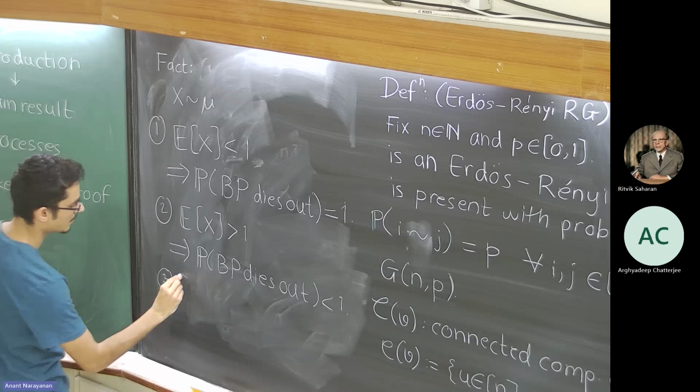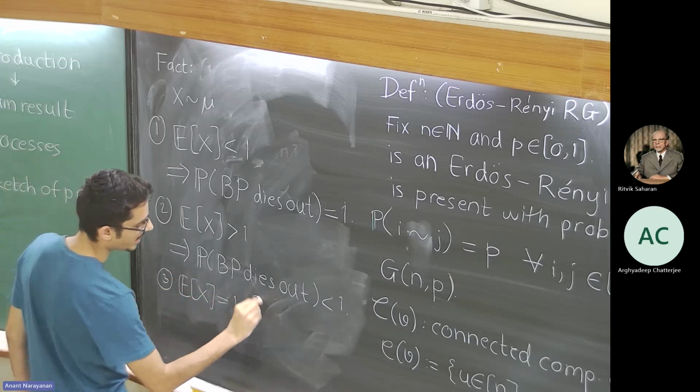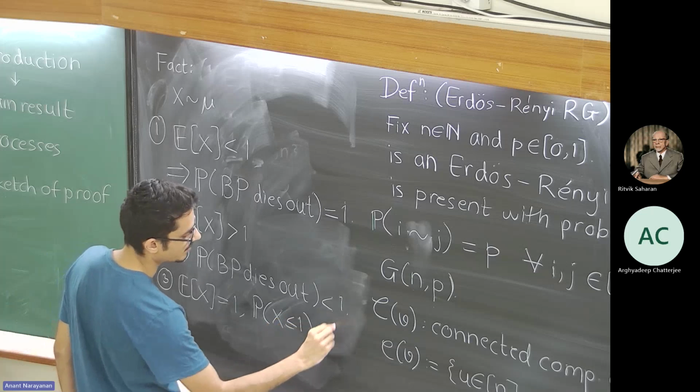And finally, expectation of X equal to 1, but the probability of X equal to 1 is less than 1.